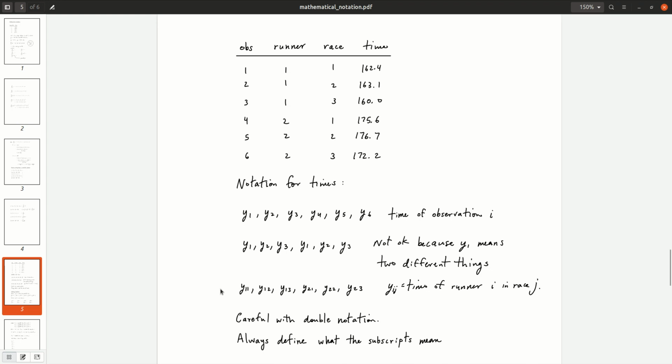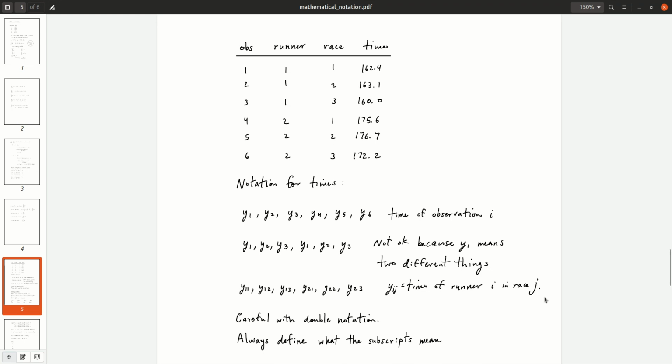Now, another way of doing it that's correct, maybe correct's not the right word, that's unambiguous, is to use two subscripts. So here what I'm saying is Y sub ij is the time of runner i in race j.